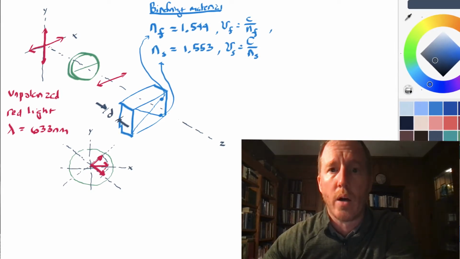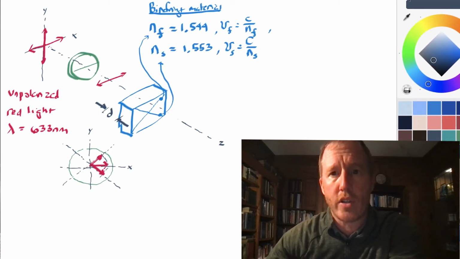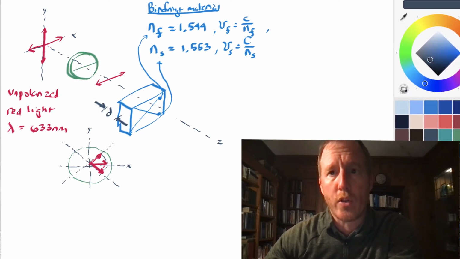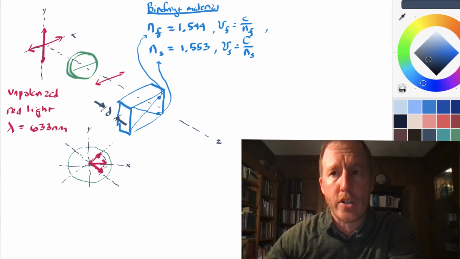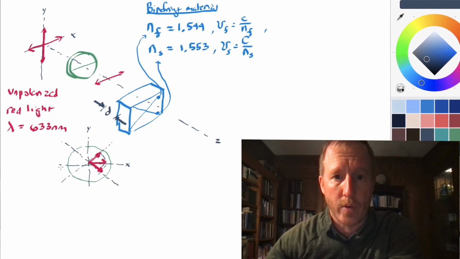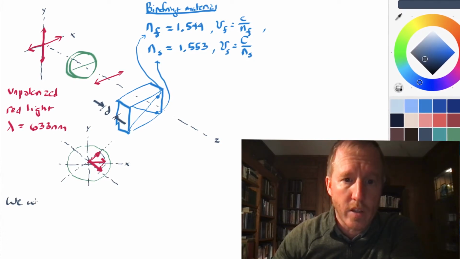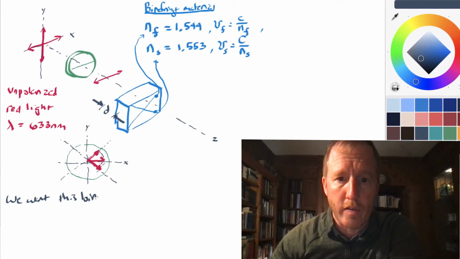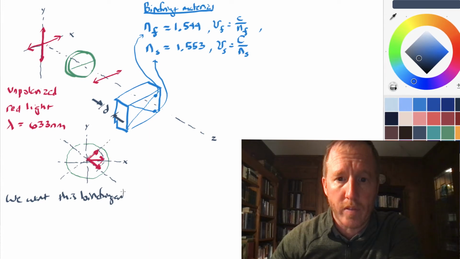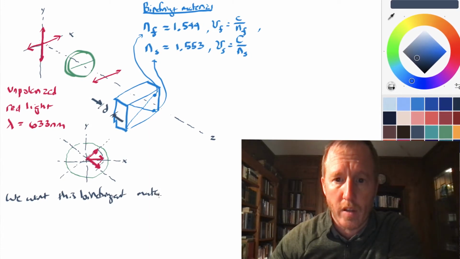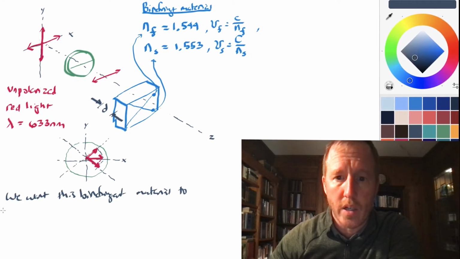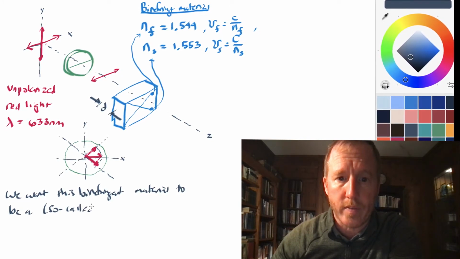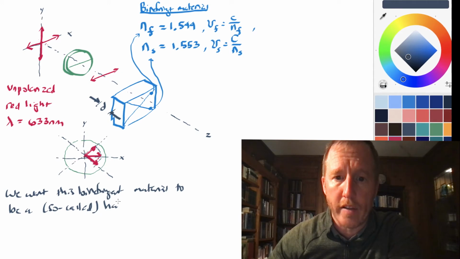Let's say we want to find the thickness of this birefringent material so that one of the waves has traveled through an extra half of a vibration compared to the other. Okay, so we want this birefringent material to be a so-called half wave plate.